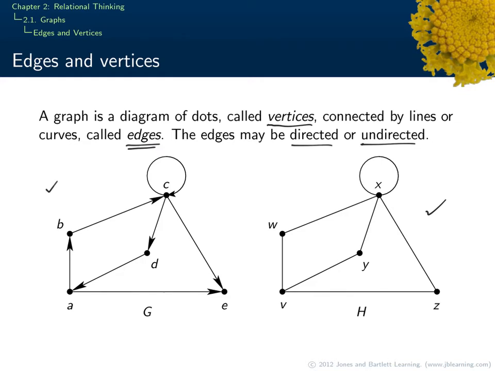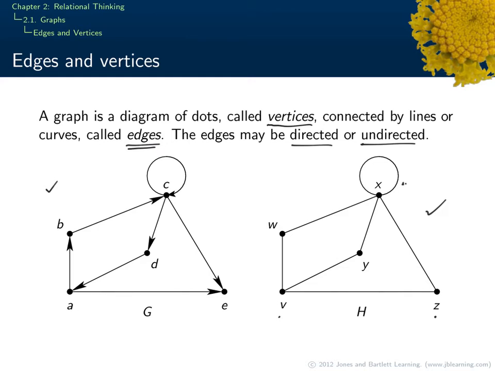For instance, V and Z joined by an edge indicates that there's some single interstate highway joining V and Z. Now, the edge joining X to itself up here, maybe you would think about that as X being a city that has a loop, like Indianapolis.